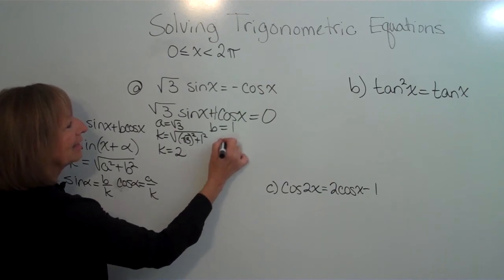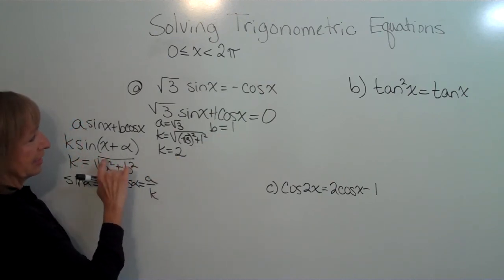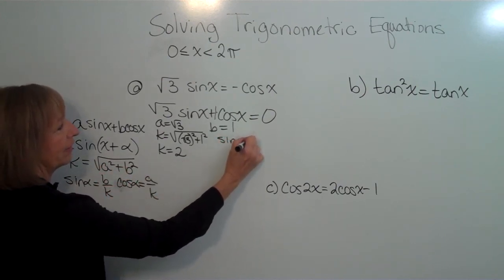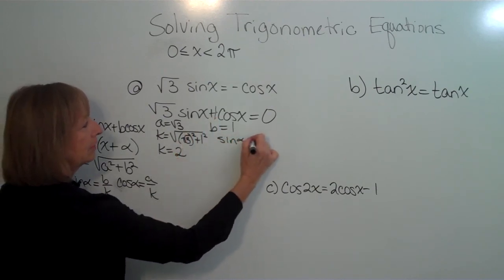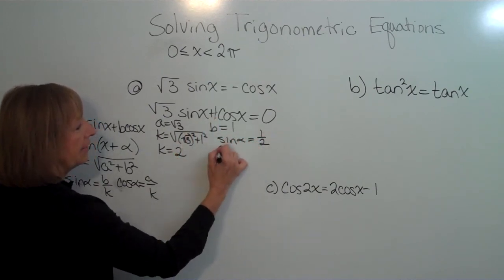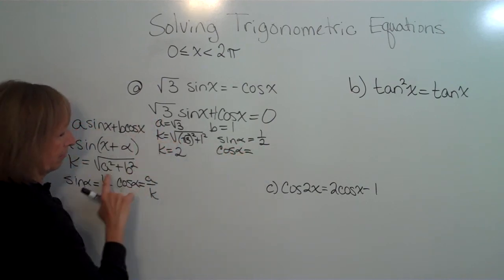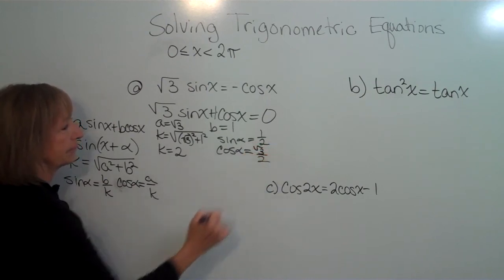Then the alpha that we're looking for to transition it to this, I need to set it up so that the sine of that alpha is 1 over 2, or 1/2, and the cosine of that angle alpha is the square root of 3 over that k, so square root of 3 over 2.